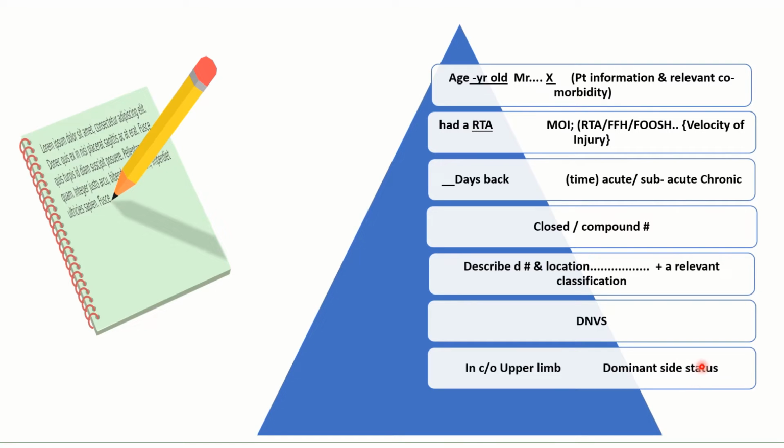It's a very important thing which most of the people forget because it has an impact upon the decision making. In fact, all of them, once you describe them in such a manner, will give the examiner the idea that you know a lot about the subject, and also it would help in devising the treatment protocol.